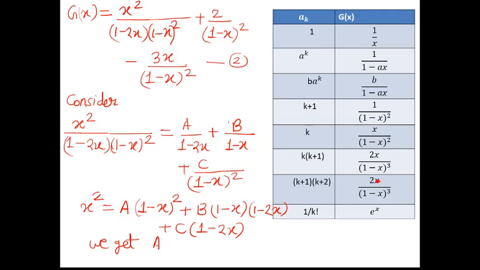So we get a is equal to 1, b is equal to 0 and c is equal to minus 1.